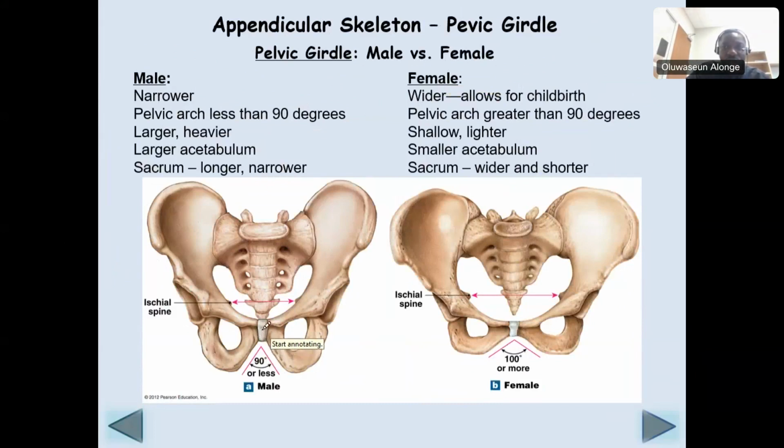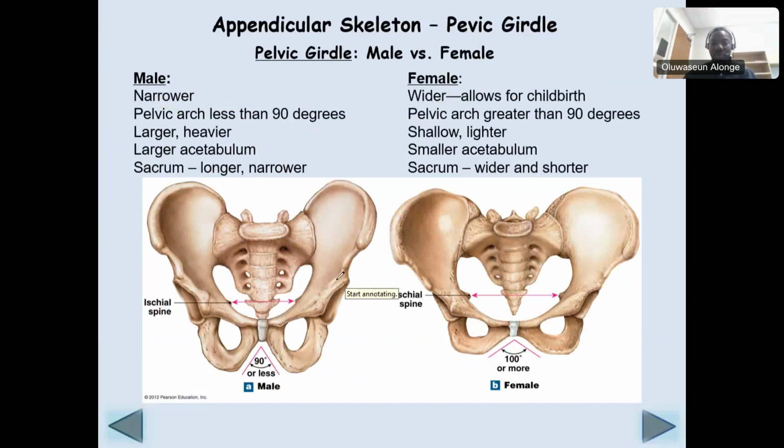The reason they have different sizes is simply because of the physiology. Anatomy determines function. Structure determines function. What the body is going to be used for determines the structure of that part of the body. So in males, you will notice that the pelvic girdle is narrower, but in females it is wider, which happens at puberty.